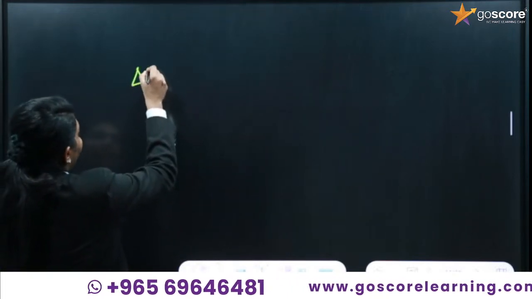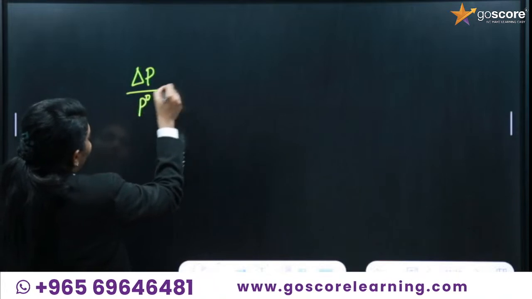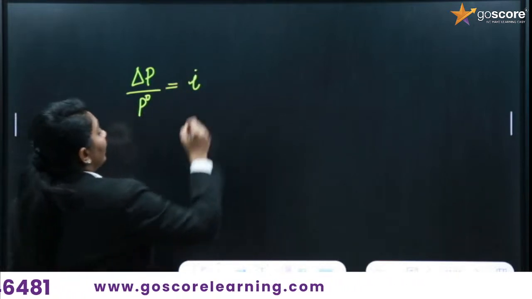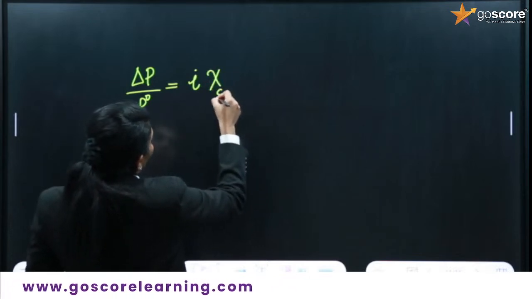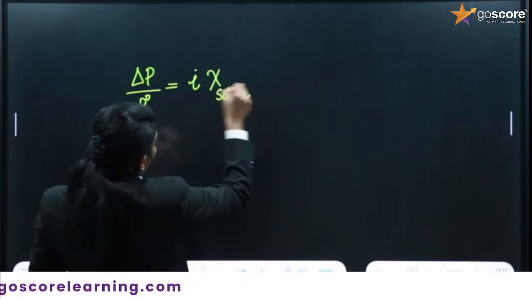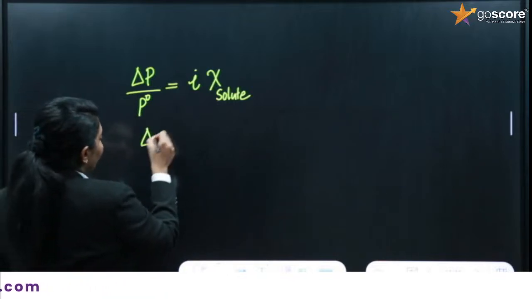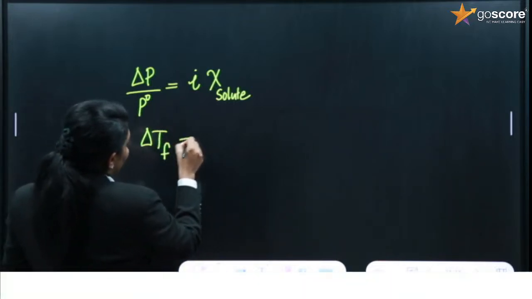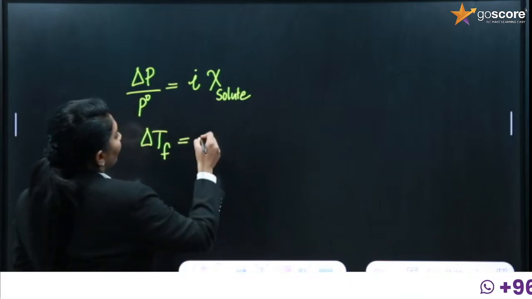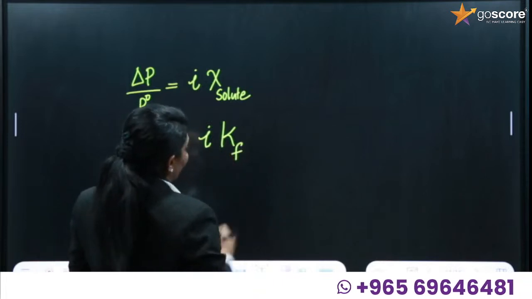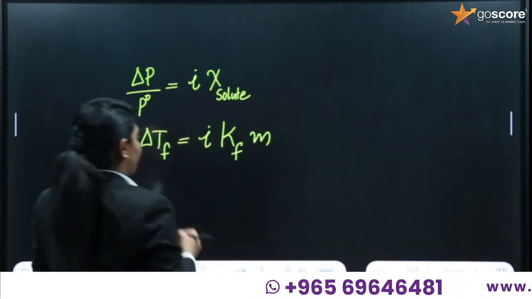So we can calculate the colligative properties. For relative lowering of vapor pressure, it will be delta P divided by P naught is equal to I, the Van Hoff factor, into mole fraction of solute. For the freezing point depression, delta TF is equal to I into the cryoscopic constant Kf into molality.